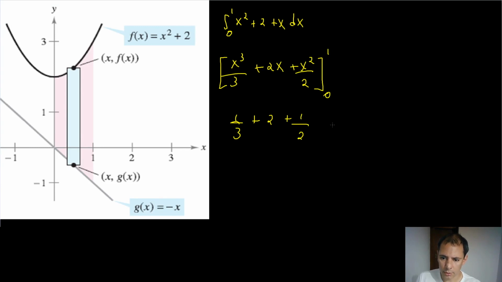Let's check the minimum common denominator, which is 6. It's going to be a 2 here plus 12 and plus 3 there. 14 plus 3 is 17. 17 over 6.